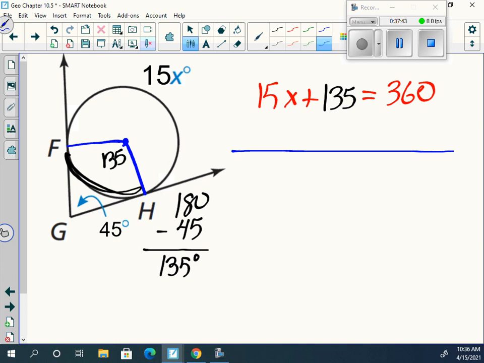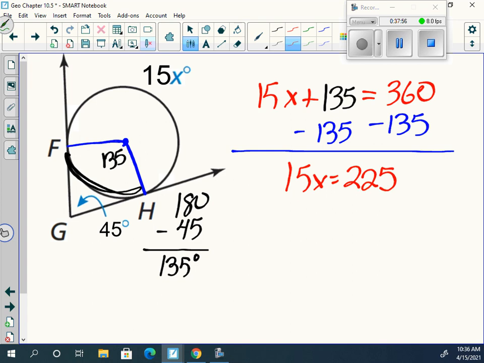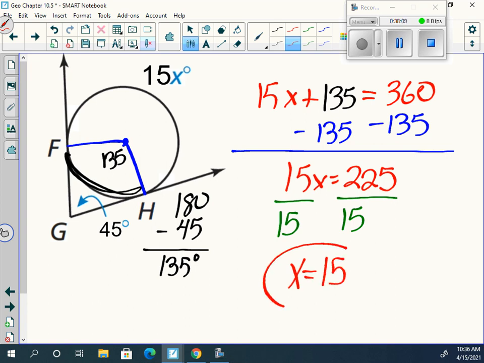Now at this point here, to solve for the value of x, we would subtract 135 from both sides. And at this point here, we would divide both sides by 15. We see that x is equal to 15. And that is it. Are there any other questions on anything we have done so far today?